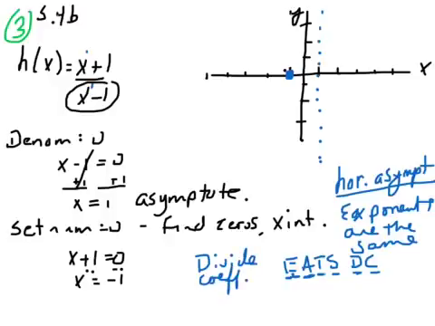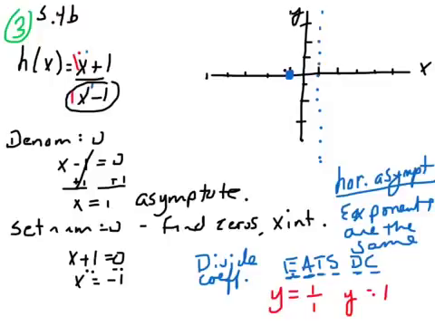The coefficients of these two x's both have an invisible 1 in front, 1 on top, 1 on the bottom. So my horizontal asymptote is y equal 1 over 1, which is y equal 1.